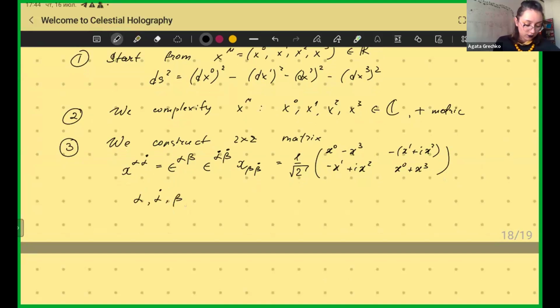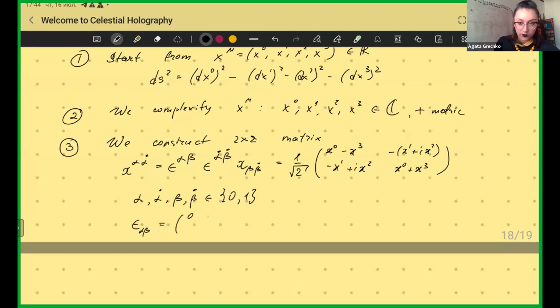So both dotted and undotted indices can take values 1 or 0, or 1 or 2, whatever you like, the numbers. And the Levi-Civita symbols here are defined as follows, but again, it depends on your definition.